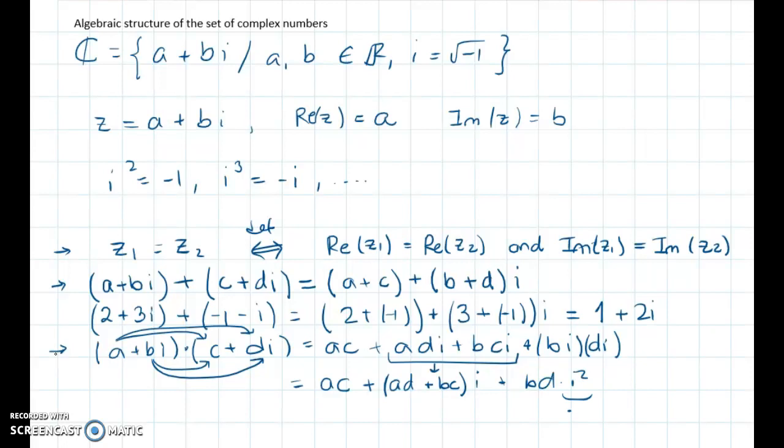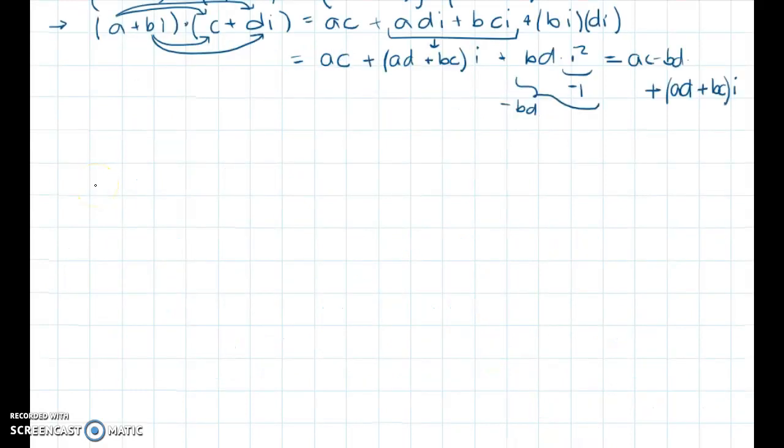But we know that i squared is -1, so actually all of this is just minus bd. So we can write our multiplication as ac minus bd. This is the real part. Plus, and then for the imaginary part, we have ad plus bc multiplying i. And this comes from applying the distributive property, just thinking of i as a symbol, and then at the end rewriting it using the property that i squared is equal to -1.